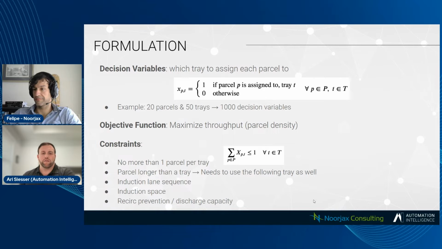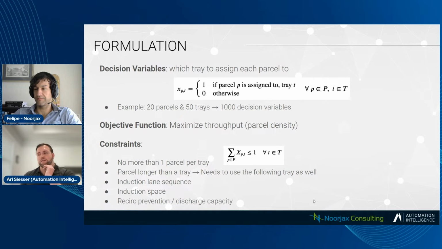Similarly, if a parcel is longer than a tray, it needs to use the following tray as well. So we need to enforce those relationships. Parcels can't jump over each other. We need to have a certain amount of time between parcels being discharged, and then we prevent the recirculation from happening based off of the way that we assign the parcels.